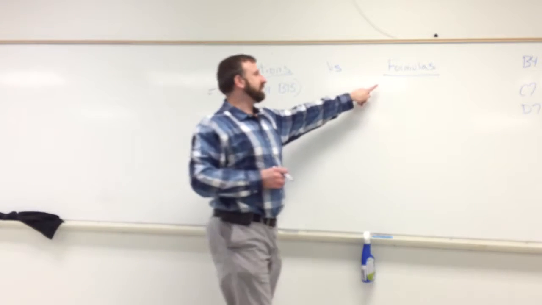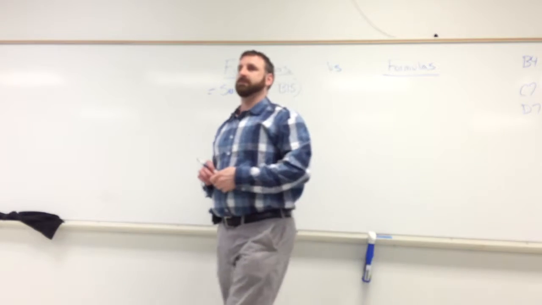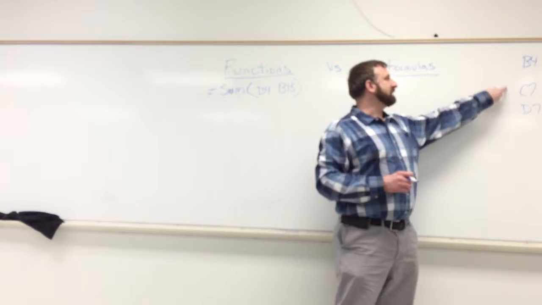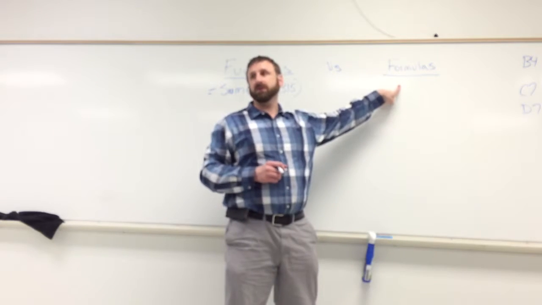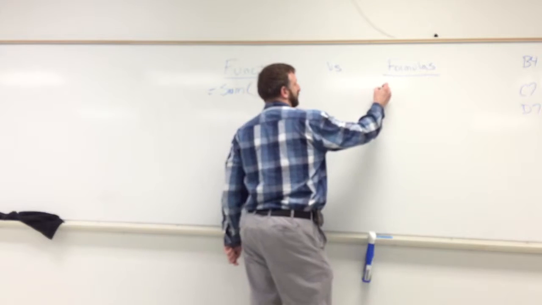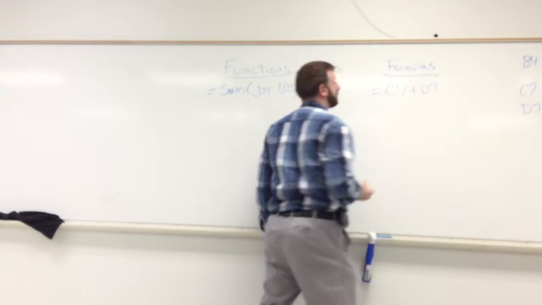What happens if I wanted to add C7 and D7? If we're just adding individual cells, that's where you would use a formula. In this case, it would be equal C7 plus D7.